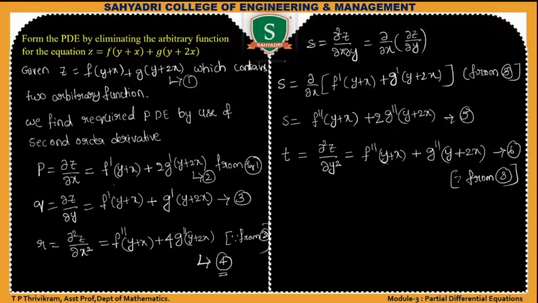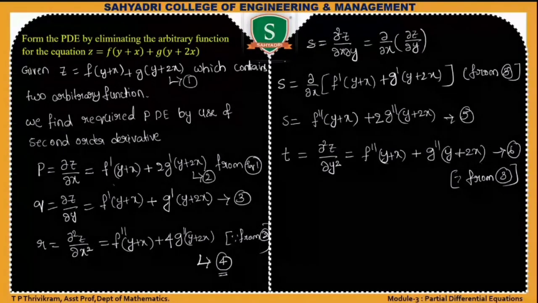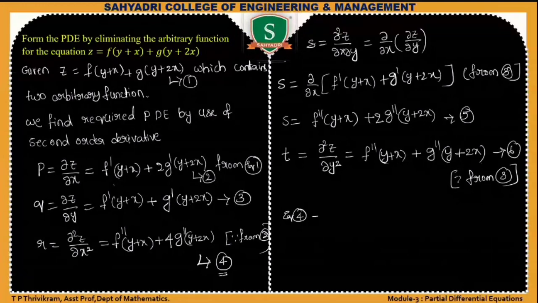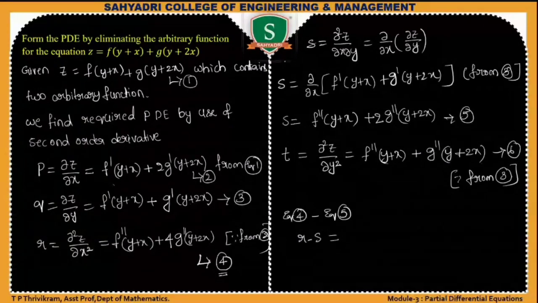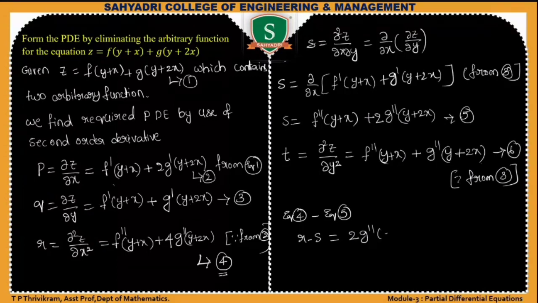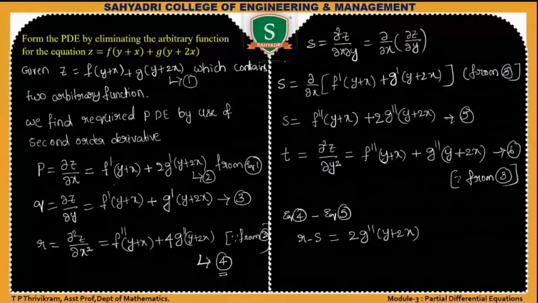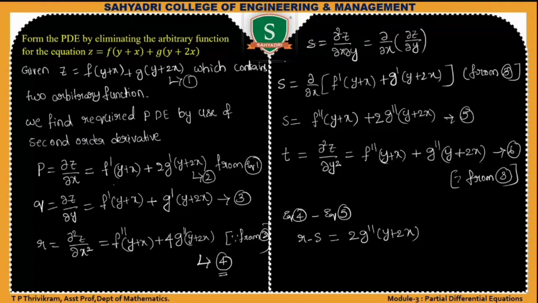What happens? r minus s is equal to 2g double dash of y plus 2x, because f double dash gets cancelled. 4g double dash minus 2g double dash is 2g double dash.